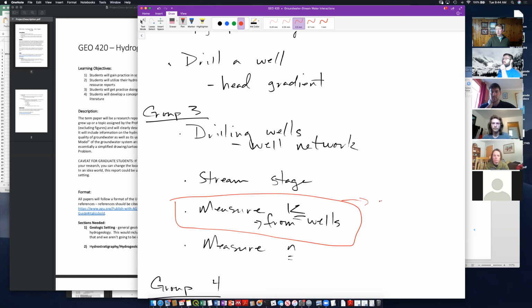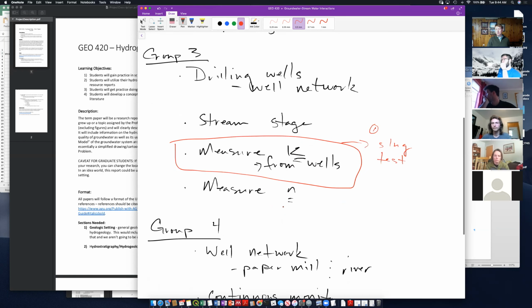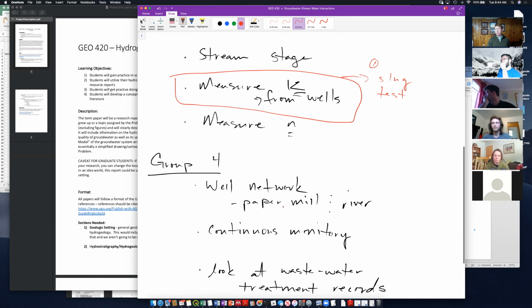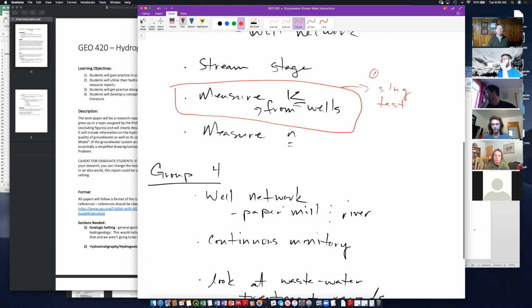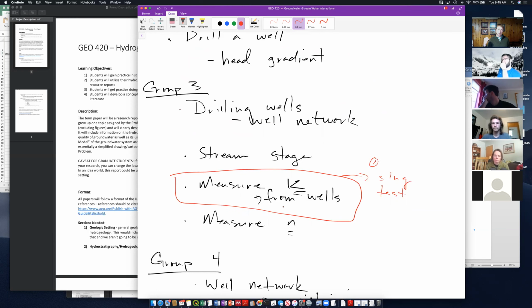Colton threw out this idea, which most of you probably don't know, the slug test, right? That's one way we could try to get at K, but there's a whole lot of complexity in how we get this K value. So we'll talk a lot about how we would actually measure hydraulic conductivity, the methods of drilling and installing these, and actually trying to solve some of these problems.